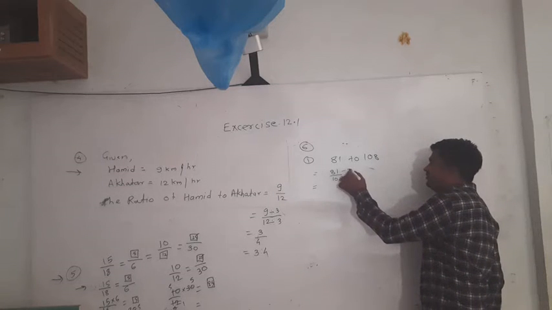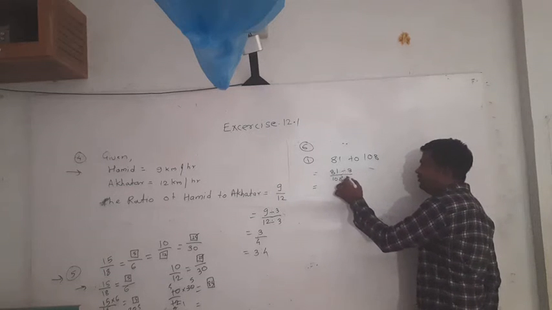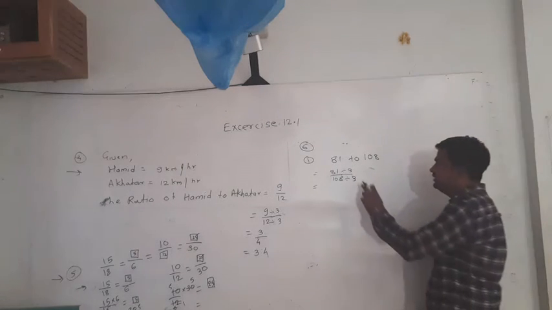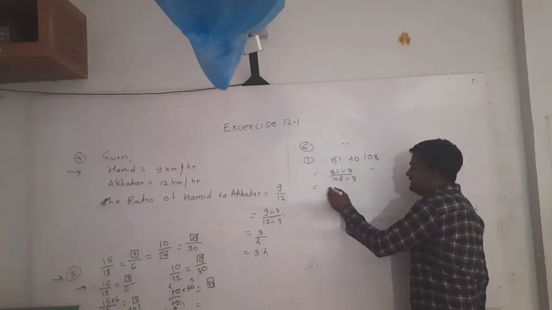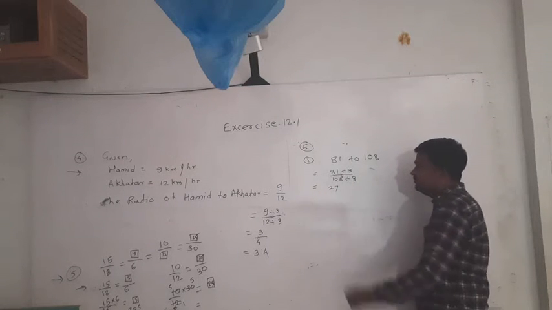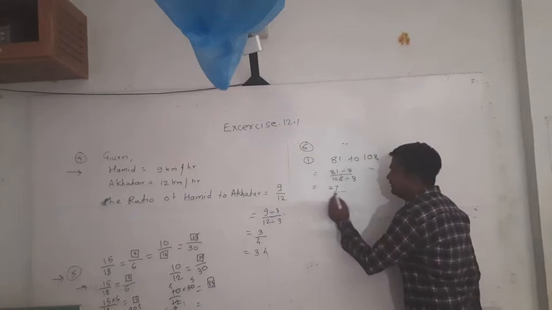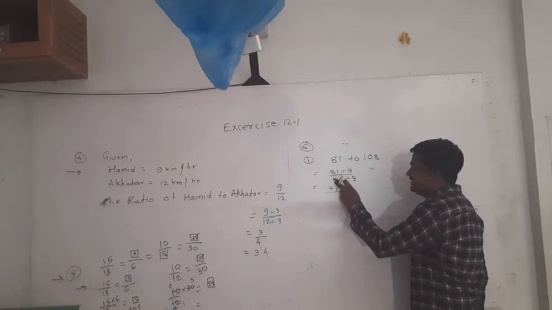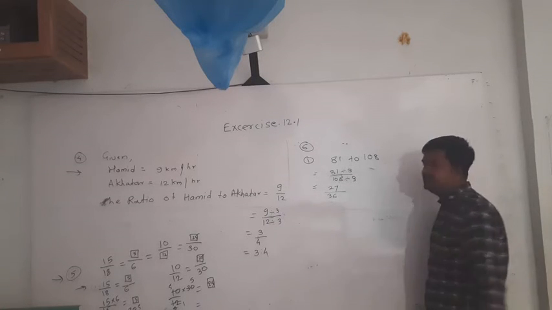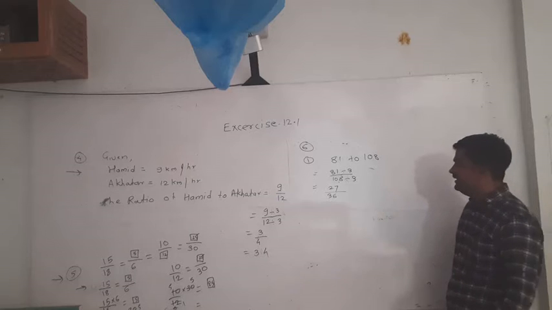You start from the smaller number. If you don't know how to do it directly, start from the smaller number. 3 twos are 6, 2 remain, 3 sevens are 21. Here 3 threes are 9, 1 left, 3 sixes are 18.